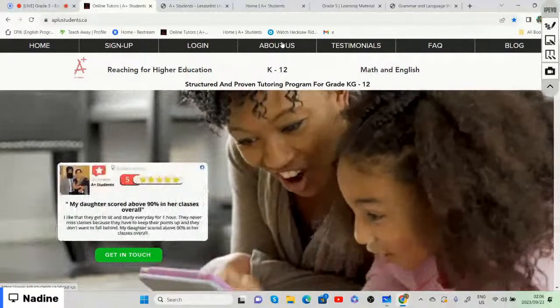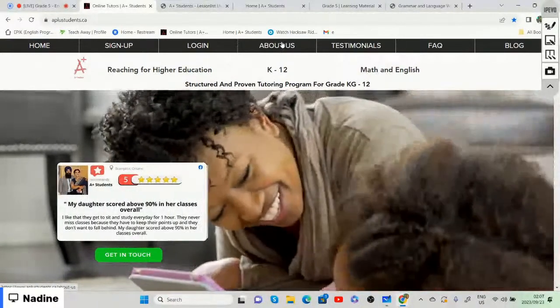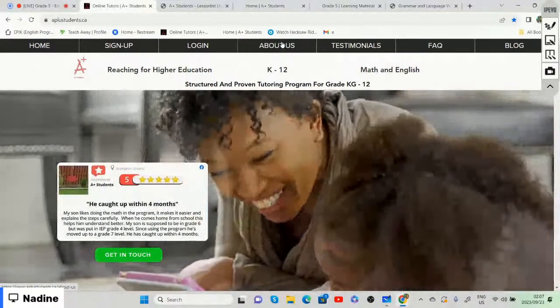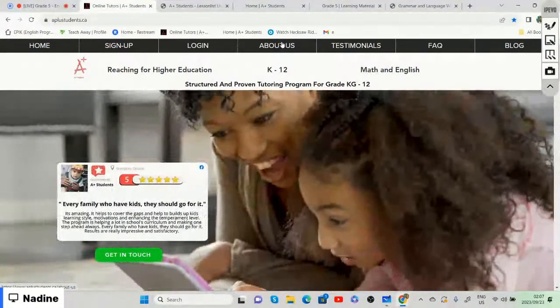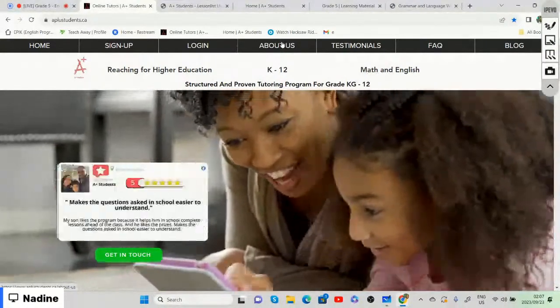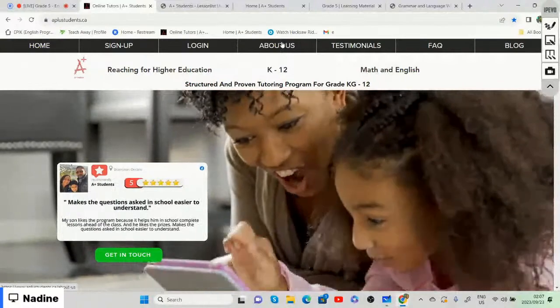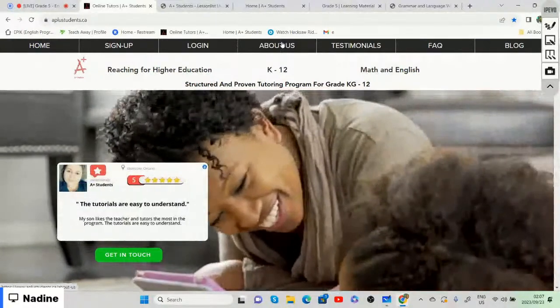Then we choose grade 5 and scroll down the grade 5 chapters until you get to possessive nouns.